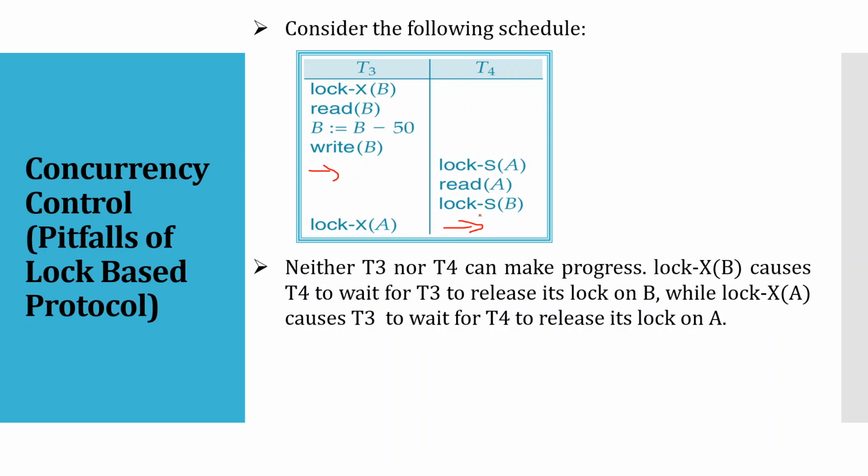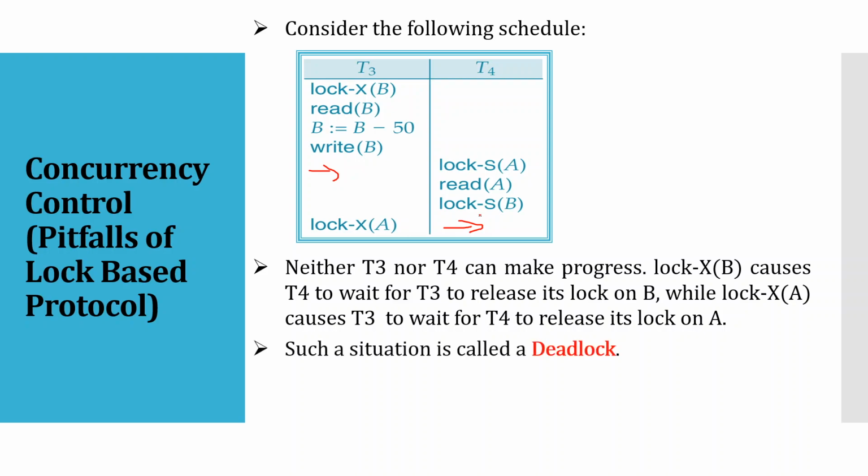So this is the pitfall, or drawback, of a lock based protocol: if one transaction has a lock and does not release it, then the other transaction that requires that data item will be made to wait for an infinite time.